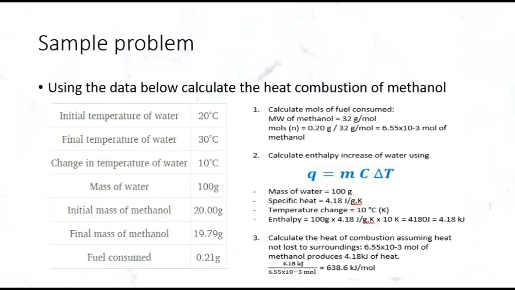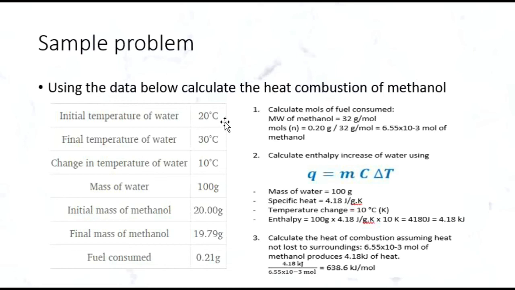Using the data below, calculate the heat of combustion of methanol. We're given the initial temperature of water, which is 20 Celsius, and the final temperature, 30 Celsius. In order to get the temperature change of water, final temperature minus initial temperature.